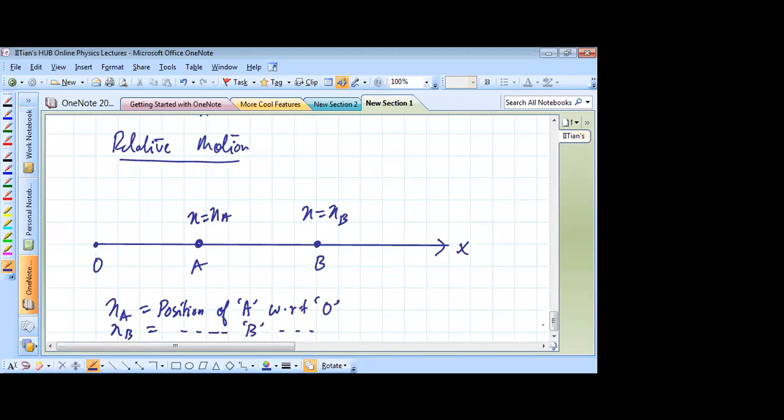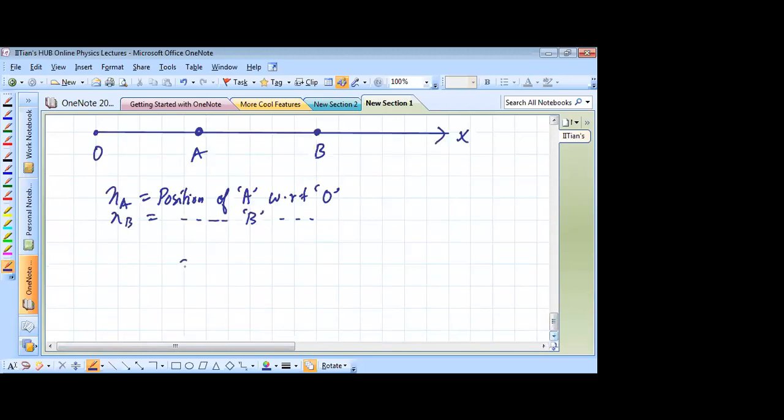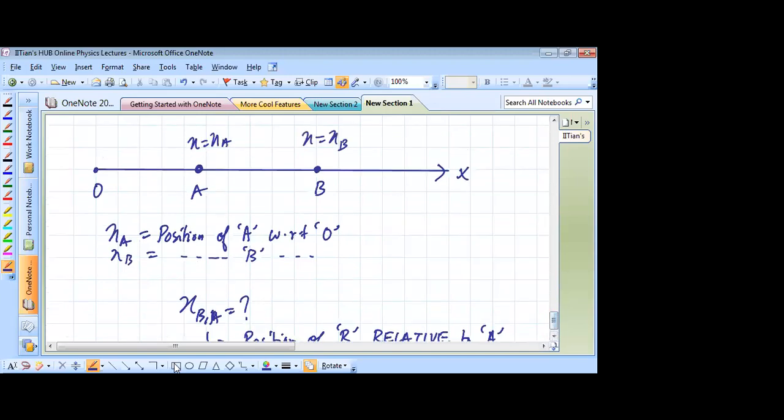Okay. But now if I ask you, what is this thing? This is the position of B relative to A. So back in the diagram, what is this thing?